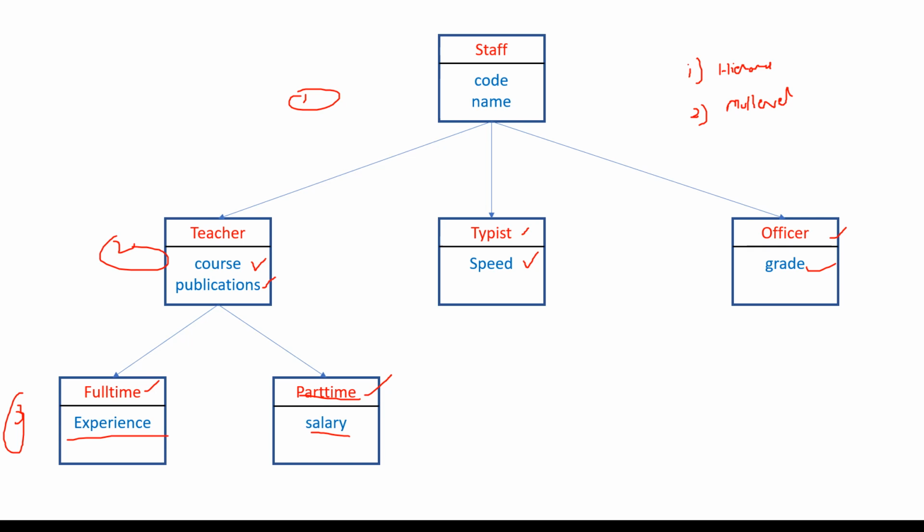But in this case there is no multi-path inheritance, because you do not have more than one path. So this is a hybrid inheritance, but it is not a multi-path inheritance. I hope this example clears your doubt.